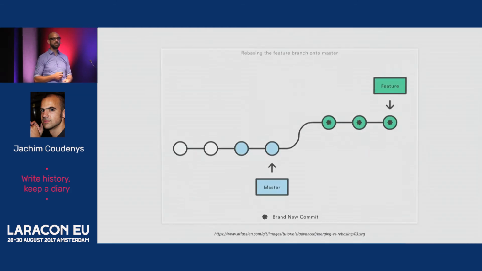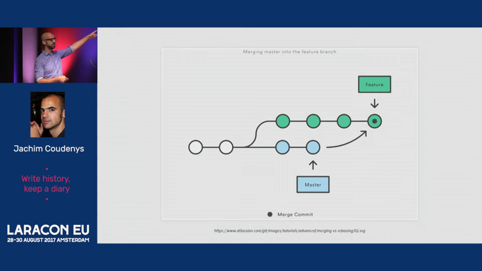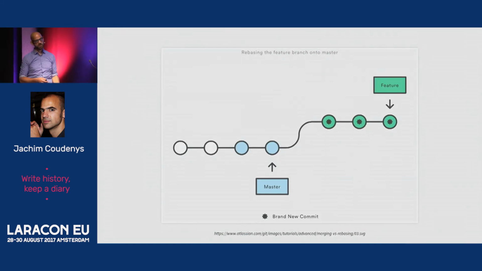Here we can see that we have a new commit, which is the last one with the asterisk. If you use git rebase, it will just create totally new commits. It will keep the patches of the diffs of the 3 commits in memory, create a new branch, and apply the 3 commits on that branch. In that way, you have a smooth line in your Git graph.